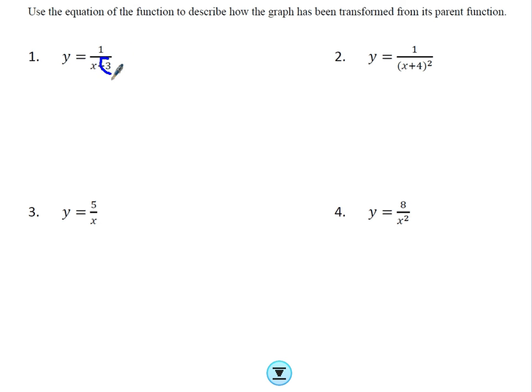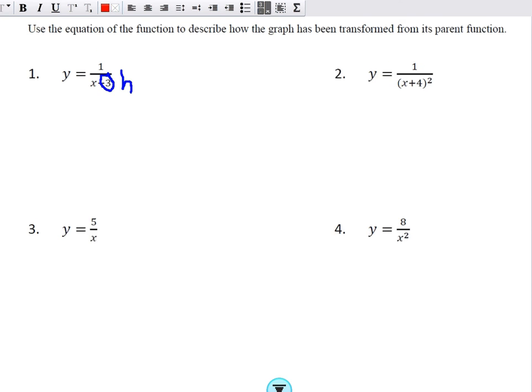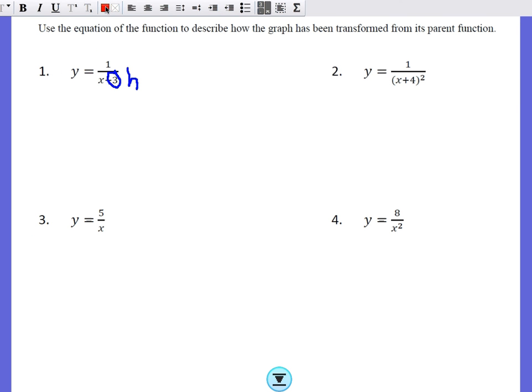I do see a -3 here. That's going to be my h. And then there's nothing here, so there's no k. So what that means is, if my h has been altered here, we change the sign to help us determine if it's left or right. In this particular case, it was a minus, so that means that we're going right.